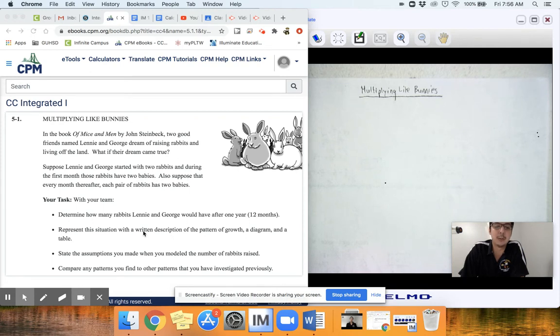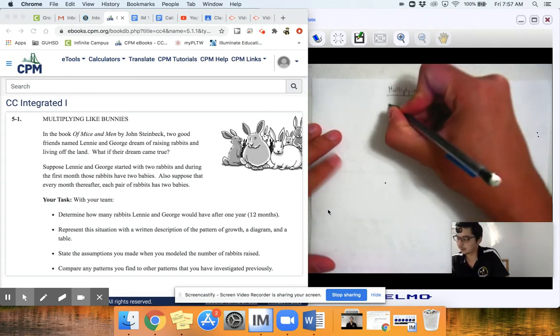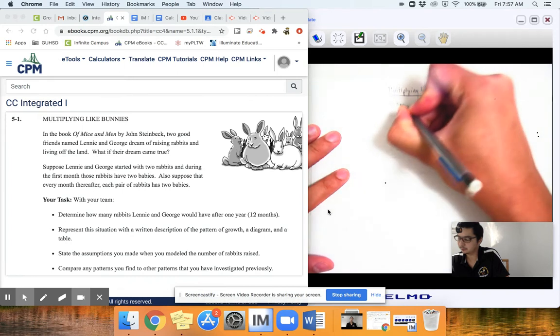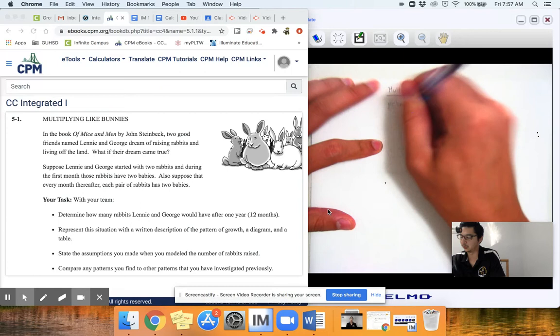It'll be nice to represent this situation by telling me how it's growing, how you got your answer, and maybe a table. So let's look at this one. What I might do first here, let me zoom out so you can see my whole paper for a second, is write down what we know, or what we want to solve. Know what your goal is here.